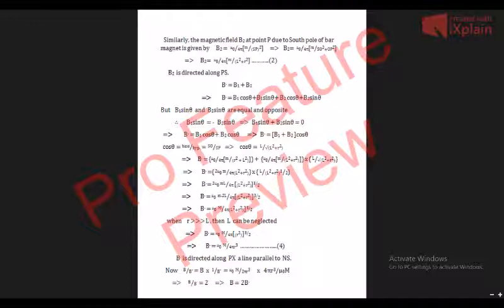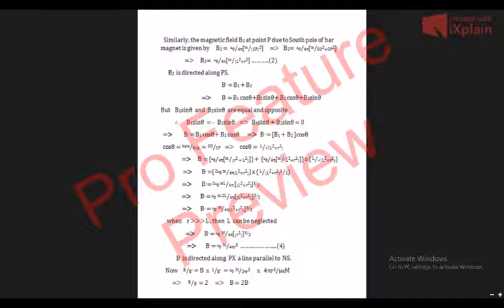When we substitute the values of B1, B2 and cos theta, we get B dash is equal to mu naught upon 4 pi m upon R square plus L square plus mu naught upon 4 pi m upon L square plus R square, into L upon under root of L square plus R square.